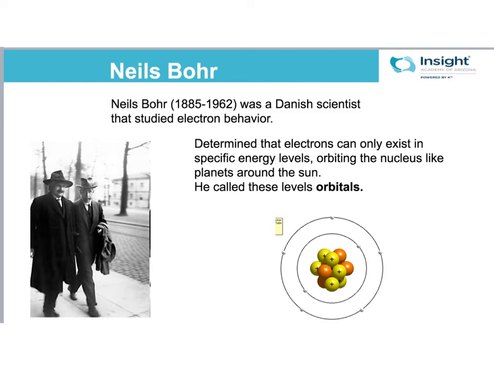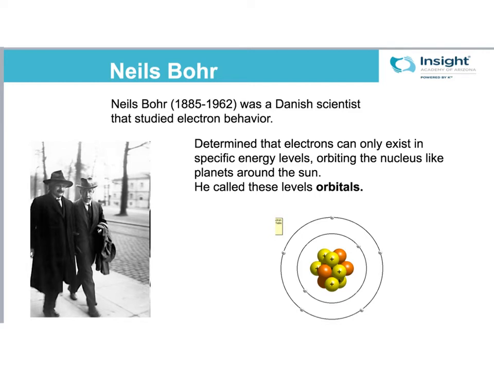Niels Bohr determined that there are actually multiple rings in which the electrons can exist, and he called them orbitals. To him, the nucleus is like the sun, and the electrons are like planets rotating around the nucleus.